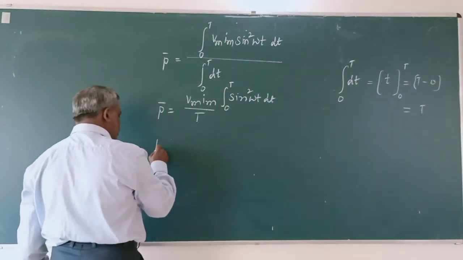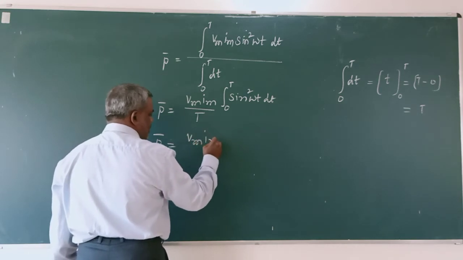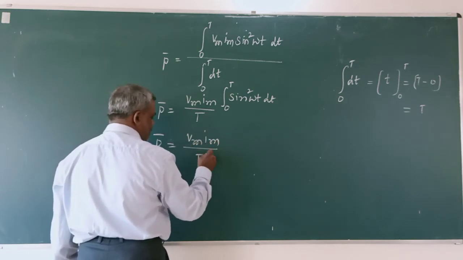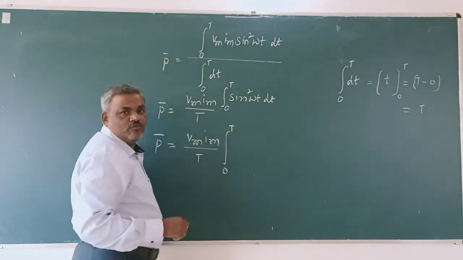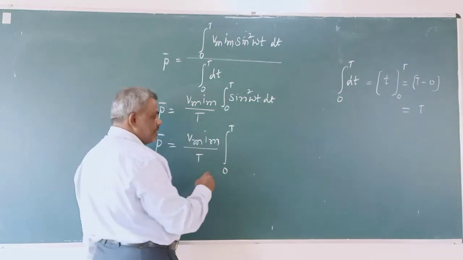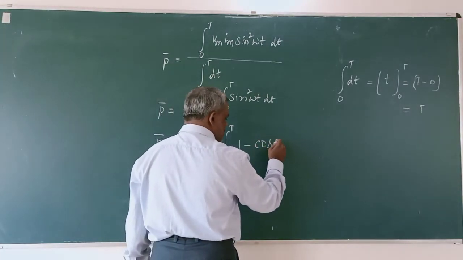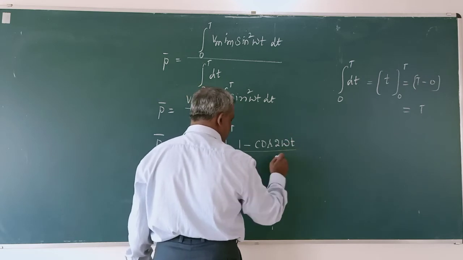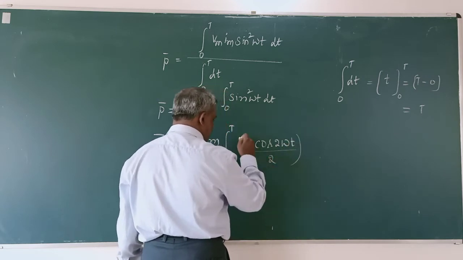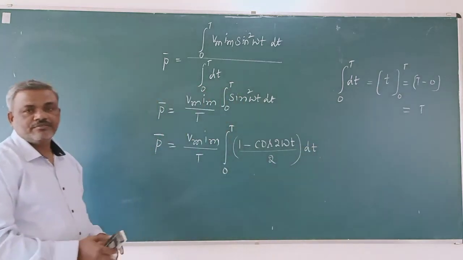So now average power P equals Vm Im by T integral 0 to T sin square omega t, written as 1 minus cos 2 omega t by 2, into dt.